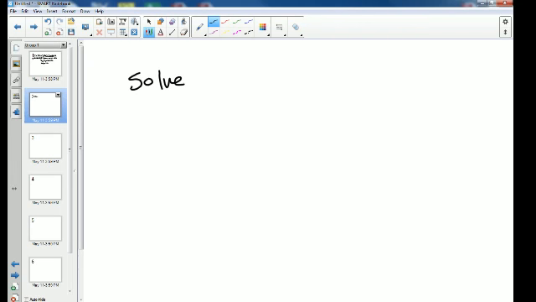So for our first example, solve sine x cosine x minus 1/2 cosine x equals 0.